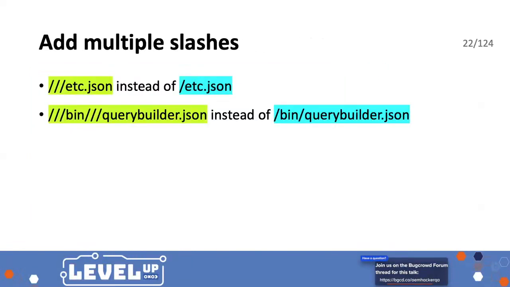In some cases, we can bypass weirdly configured dispatcher by adding multiple slashes. So if access to /etc.json is blocked, we can try to access 3 slashes etc.json, and sometimes it magically works.